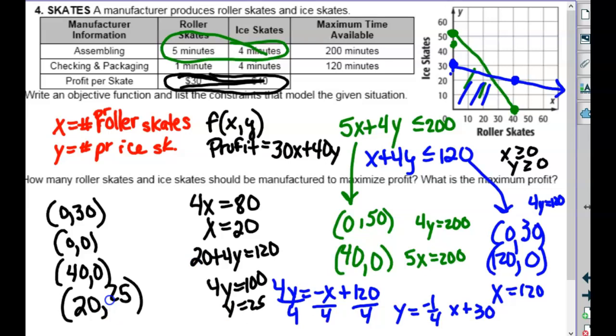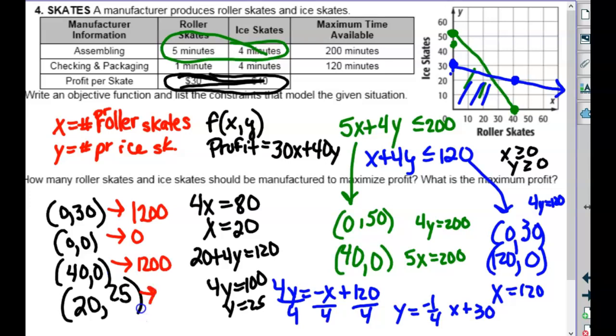Okay, we're trying to maximize profit. This was our profit. I don't have much room. Can you guys type for me? 30 times 0 plus 40 times 30 would be 1,200. 0, 0. I think I got that one. 40, 0. Isn't that also 1,200?